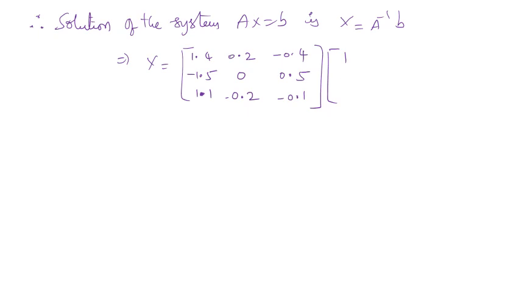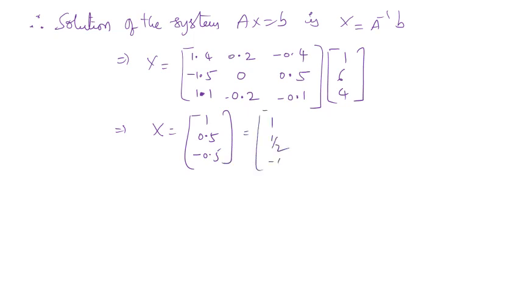What is our right side matrix in the given system? 164. So x equal to, you will get 1.5, minus 0.5. Now we did this problem in other methods also. This is 1, 1 by 2, minus 1 by 2 is the solution. That means x1 value 1, x2 value 1 by 2, x3 value minus 1 by 2. Okay, this is one problem.